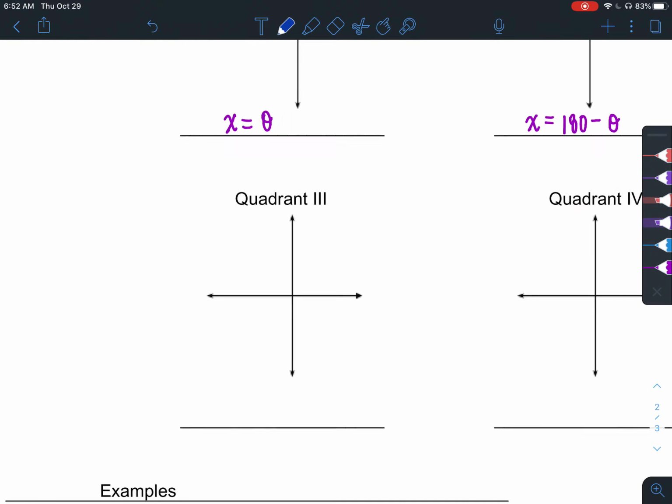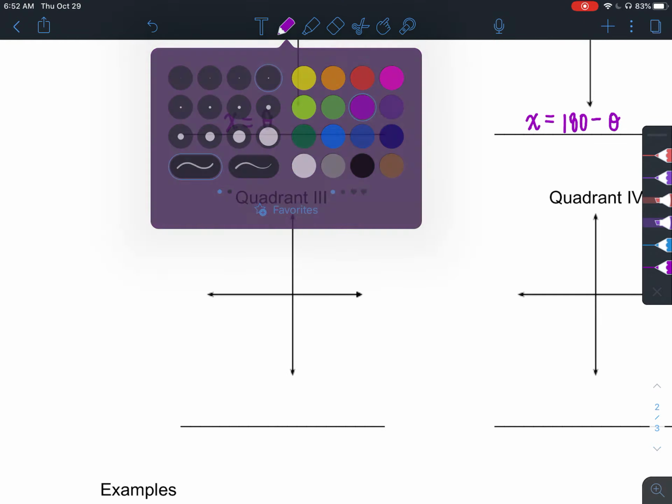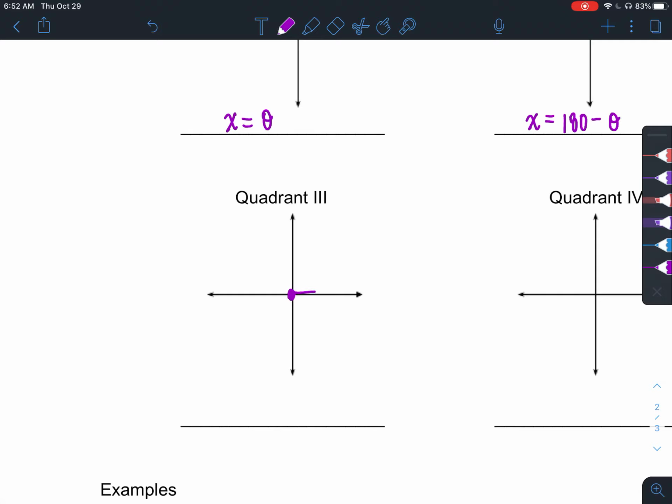Okay, then in quadrant 3, draw my standard. We've got to go around this way. Okay, so that's theta.